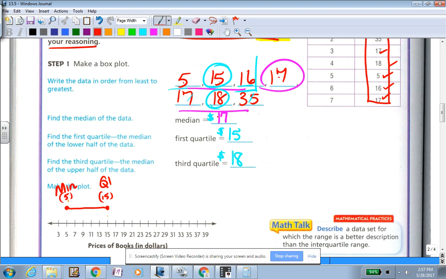Our median is 17. This box plot's going to be pretty tight. Our Q3 is 18. It's right in the middle of the 17 and 19. And our highest value is all the way at 35.